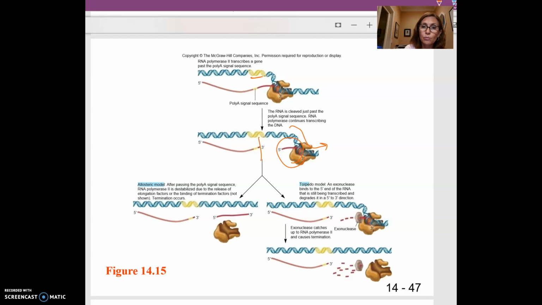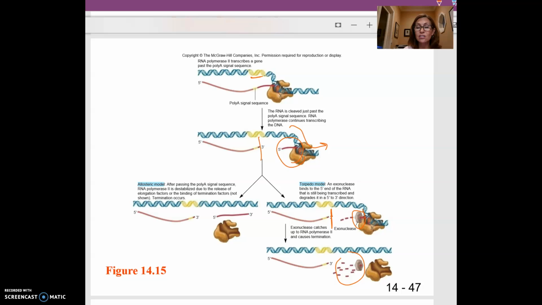Over here with the torpedo model, there is what we call an exonuclease. Exonucleases are enzymes. This is an enzyme that's going to hop on after that polyadenylation signal and start cutting up what's left of that little fragment of messenger RNA.